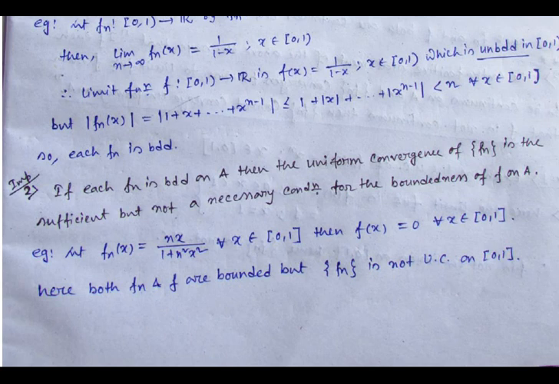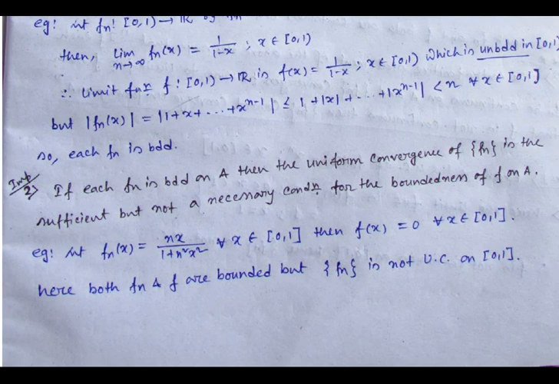Now let us go for another note. The note says that if the sequence of functions is bounded for each and every n, and the sequence of functions is uniformly convergent to the limit function f, then the statement we have done in the theorem gives the sufficient condition for the boundedness of the function f, but not the necessary condition. Why?